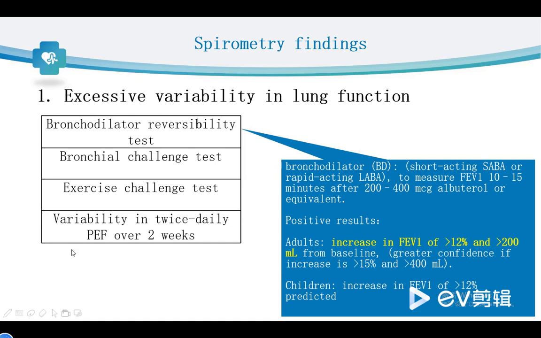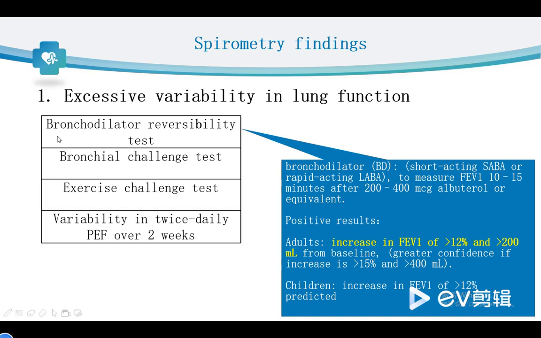There are 4 examinations for this purpose, including the bronchodilator reversibility test, bronchial challenge test, exercise challenge test, and variability in twice daily PEF over 2 weeks. Let's look at them one by one.